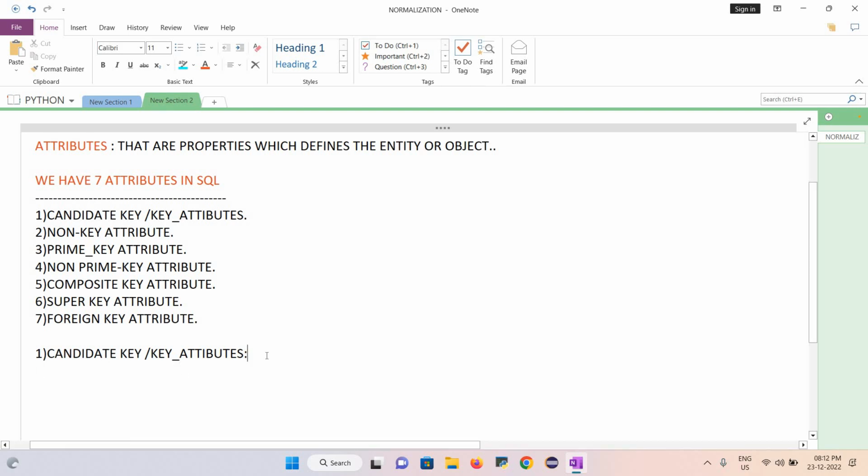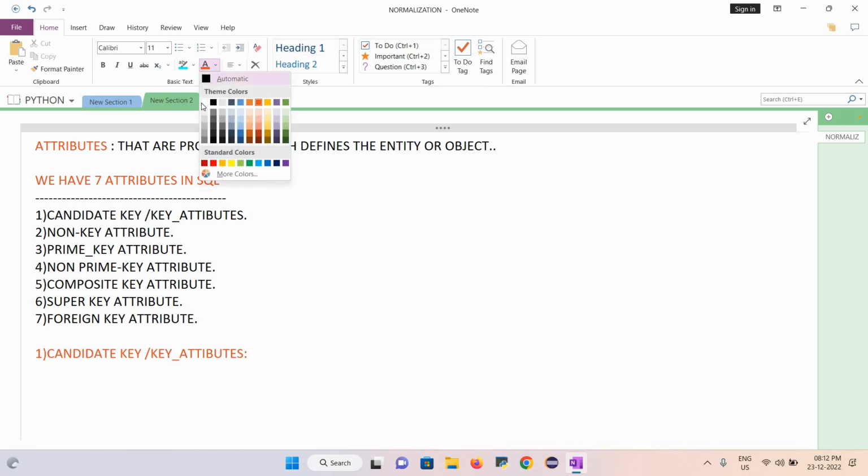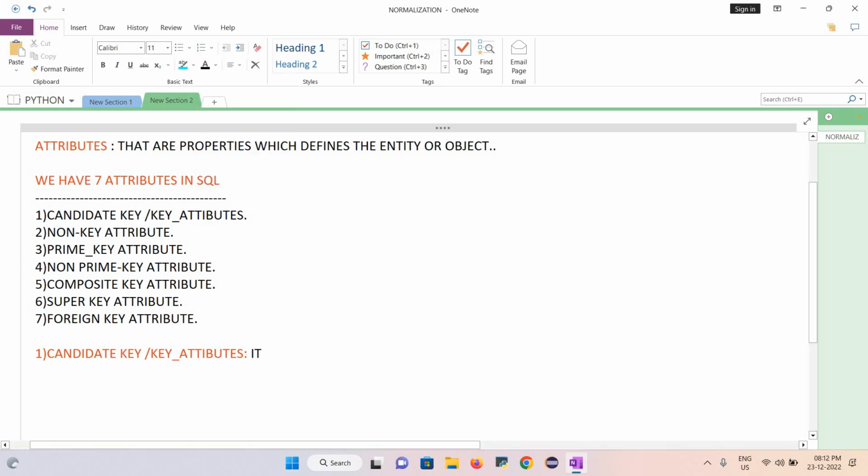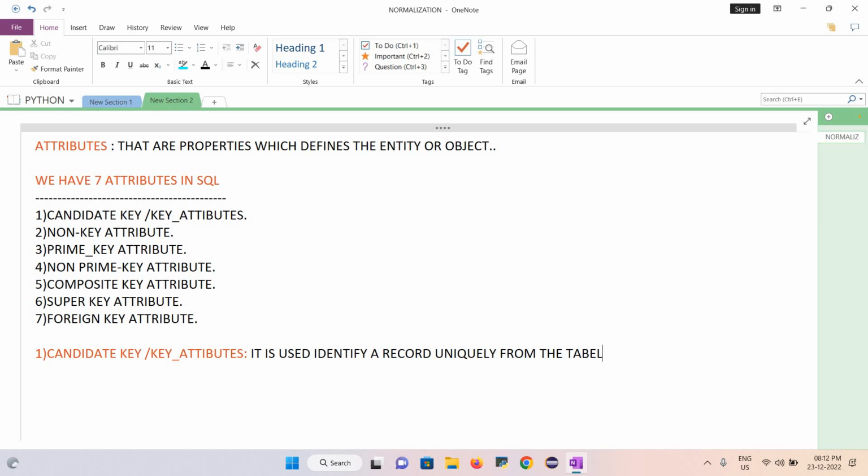This is one of the attributes which is used to identify records uniquely from the table, or uniquely from the object.